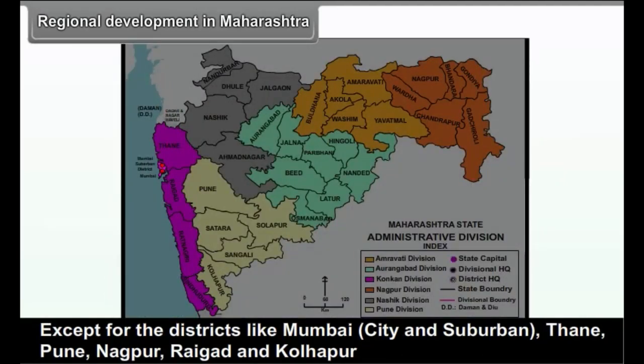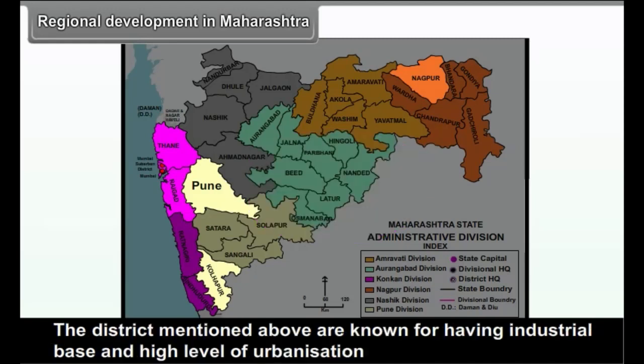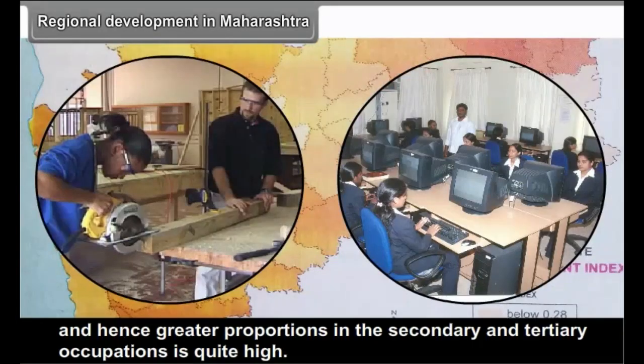Except for districts like Mumbai City and Suburban, Thane, Pune, Nagpur, Raigad and Kolhapur, the percentage of workers engaged in agriculture is quite high, over 60%. The districts mentioned above are known for having industrial base and high level of urbanization, and hence the proportions in the secondary and tertiary occupations are quite high.